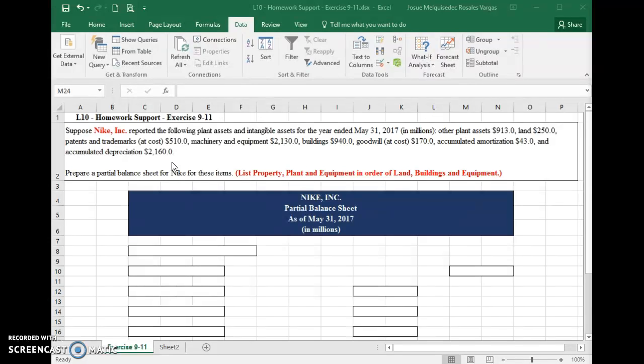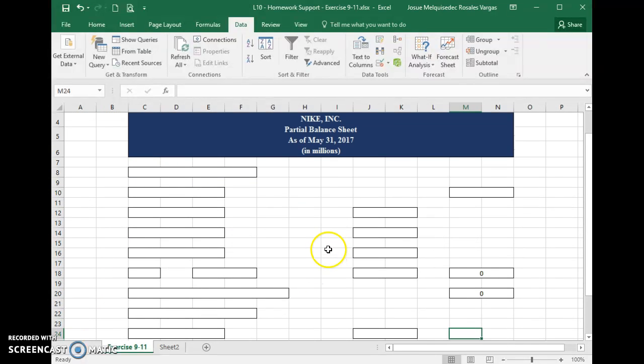As I was telling you, financial statements that show plant assets will always show two parts: the property, plant, and equipment, and the intangibles, which is intangible assets. What I usually do is set this up first, because it helps me work the exercise better.